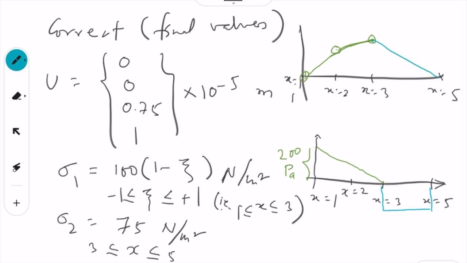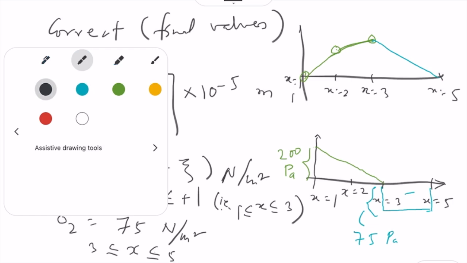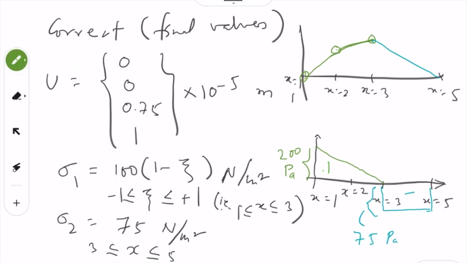From here to here, the value is 75 Pascal, and this is minus value, and this is plus value. So write minus here. This is how the stresses will change.